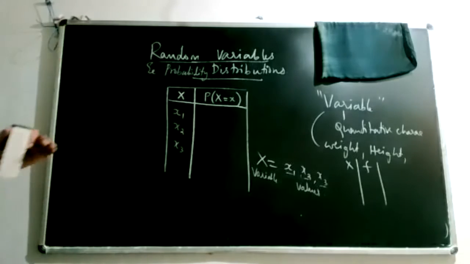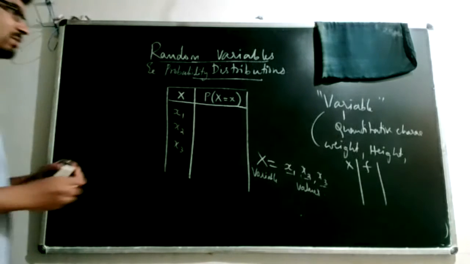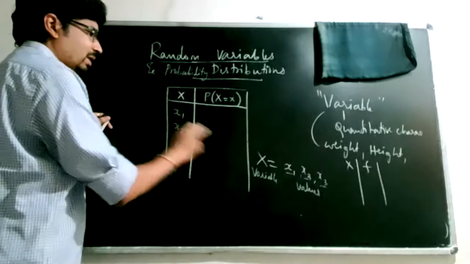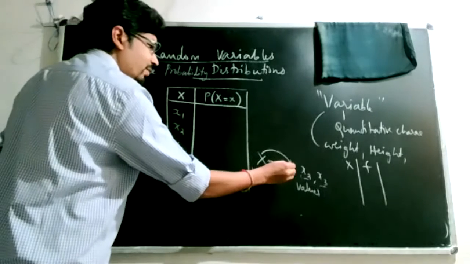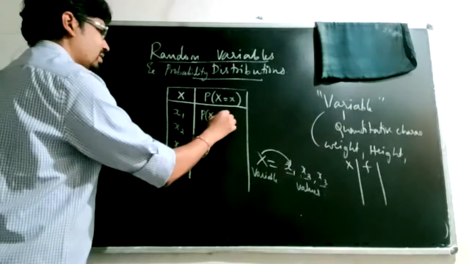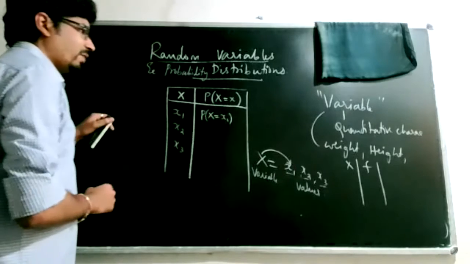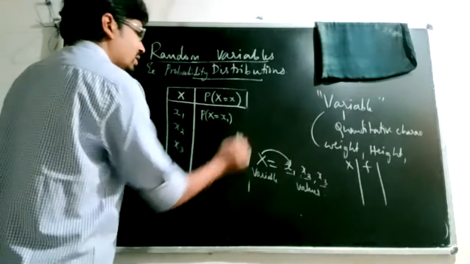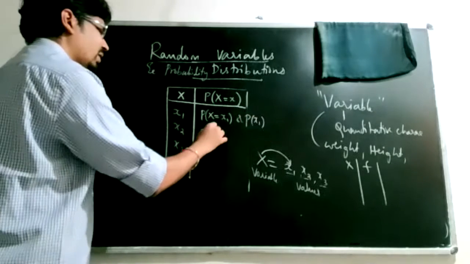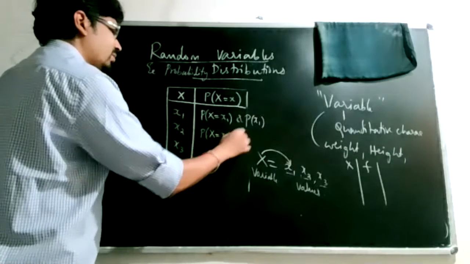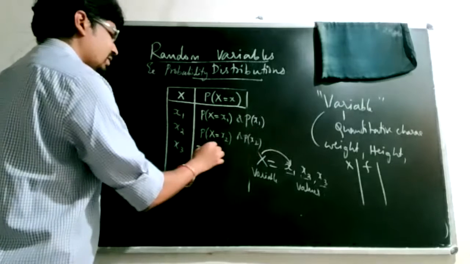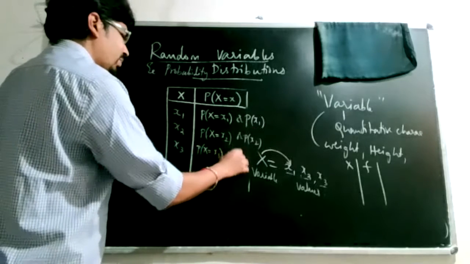If my random variable is taking only these three values, then the first probability is the chance that my random variable will take the value x1. That is indicated by P of x is equal to x1, or simply P of x1. Similarly, P of x equals x2 or P of x2, and P of x is equal to x3 or P of x3.